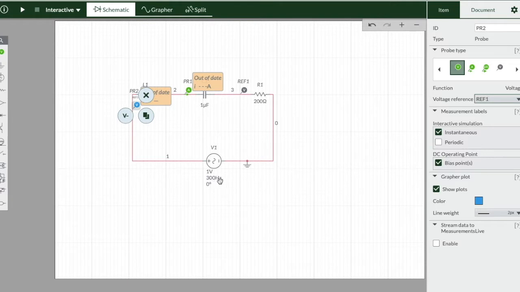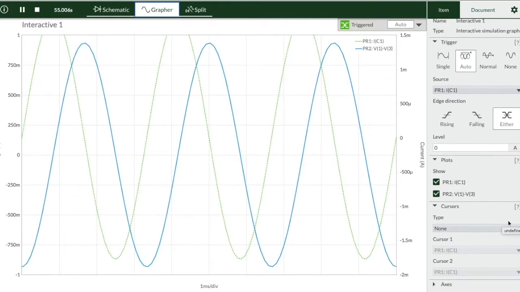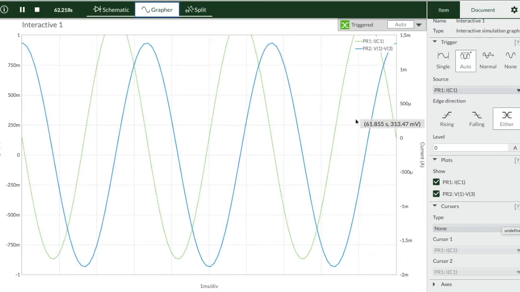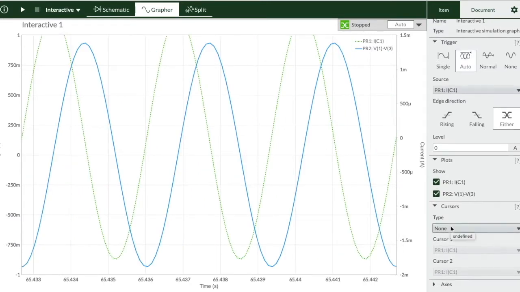To make it possible to change the frequency when simulation is on, we will have to make some adjustments over here. To see the current up to its maximum value, we will have to adjust the maximum and minimum values of the current. So let us for time being stop the simulation and adjust the current values.